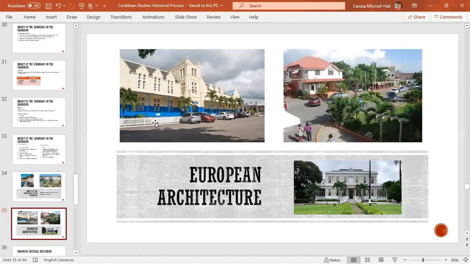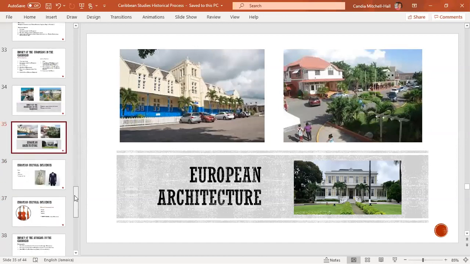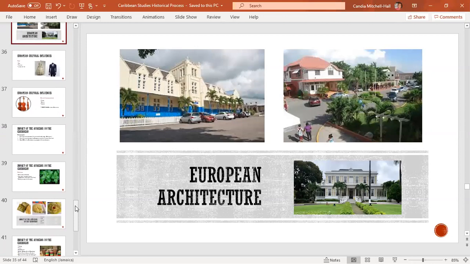Has anybody ever been to St. George's College? Yes, sir. So St. George's College is a perfect example of European architecture that is still alive and well in the Caribbean.